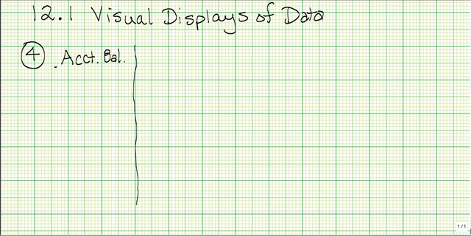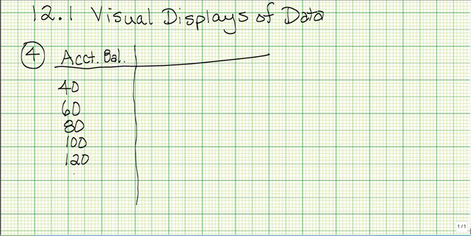That's where I'm going to put my classes. So I want 7 classes. So in the first class it says to start with 40, and we're to use a class width of 20. So there's class 3, class 4, class 5, class 6, and class 7.